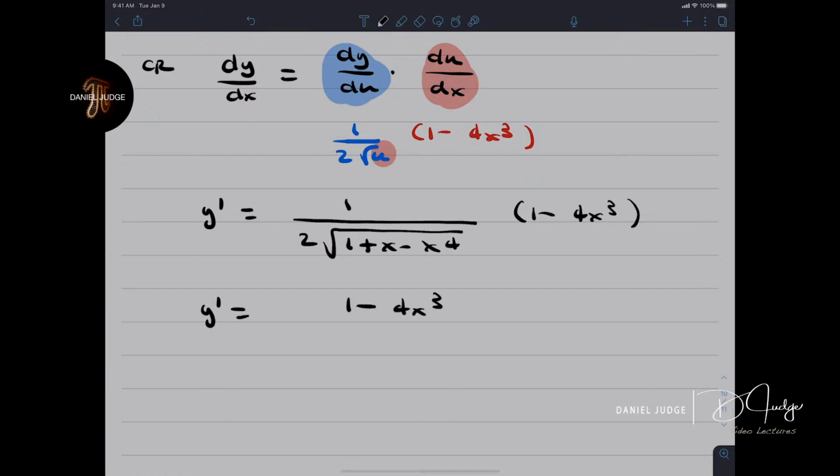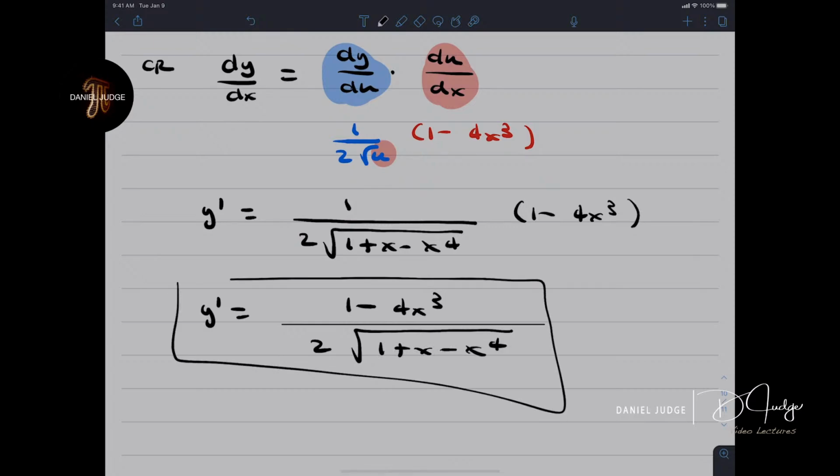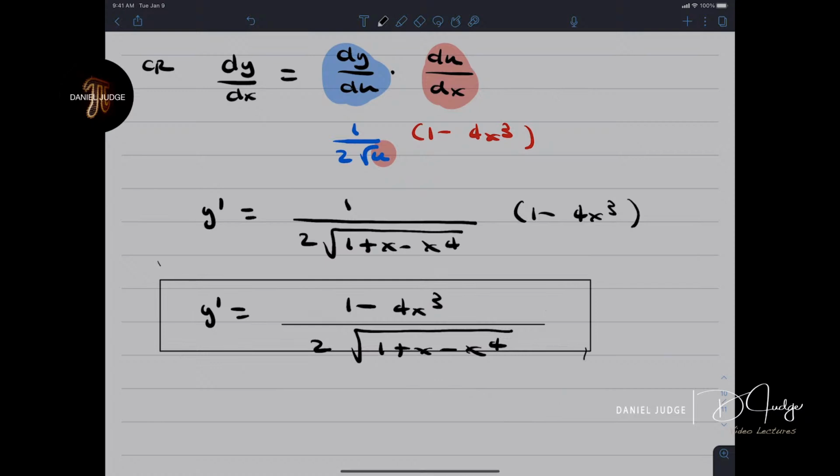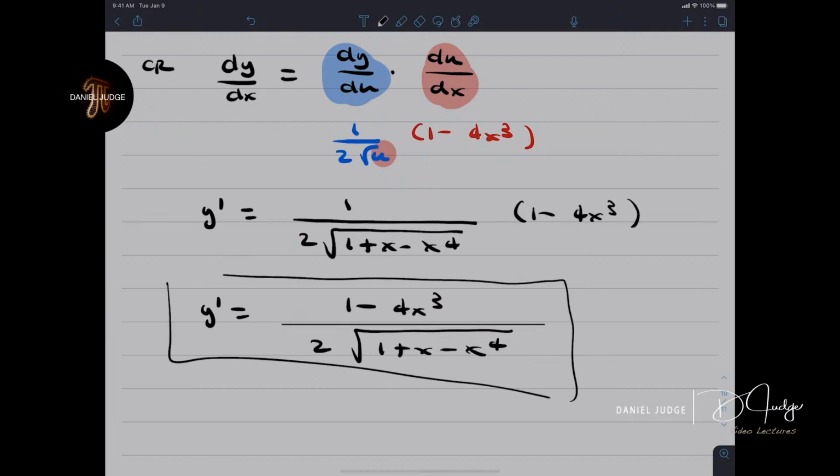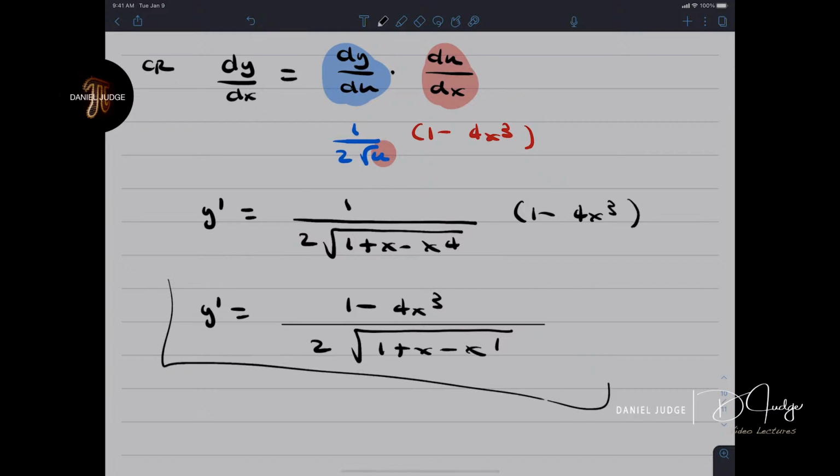So 1 times 1 minus 4x cubed is 1 minus 4x cubed, over 2 square root 1 plus x minus x to the 4th power. So there you go. Here's your derivatives here. If we can draw a rectangle.